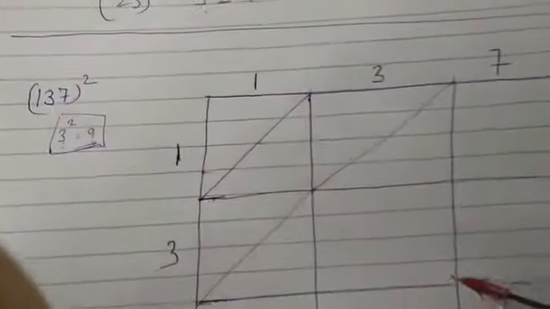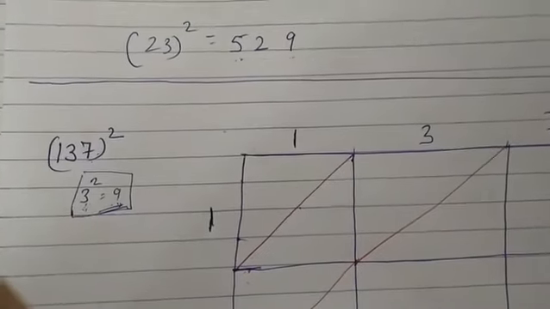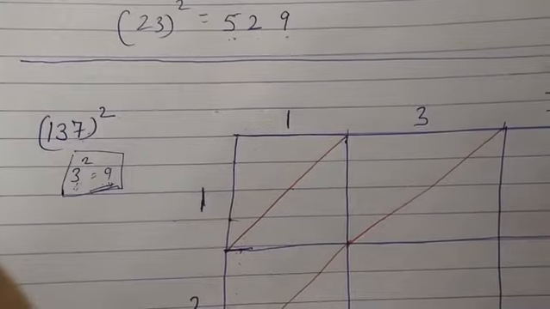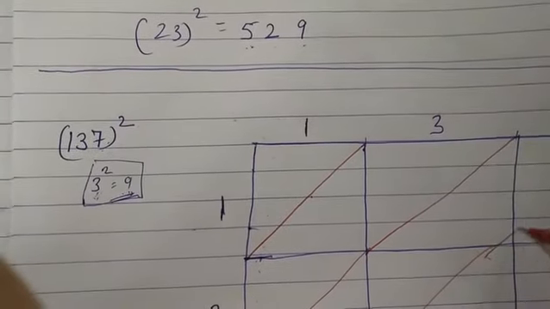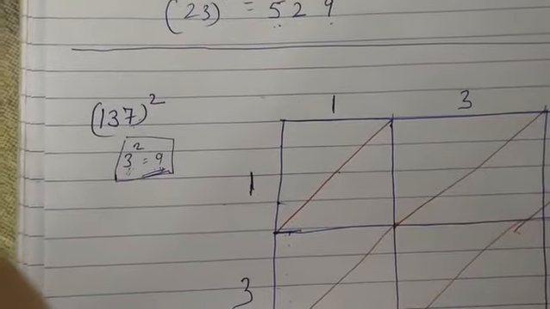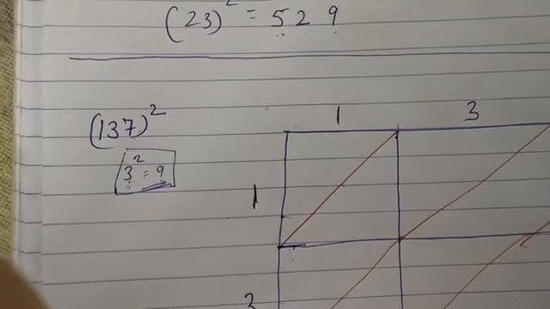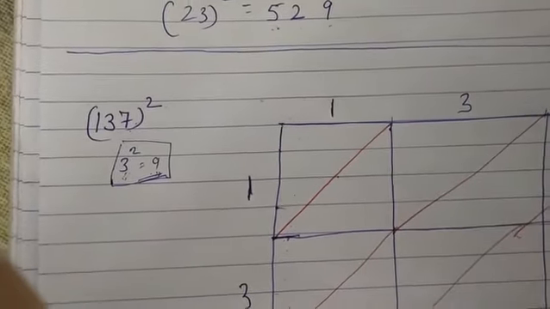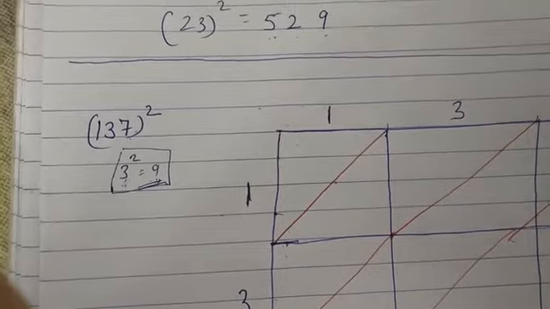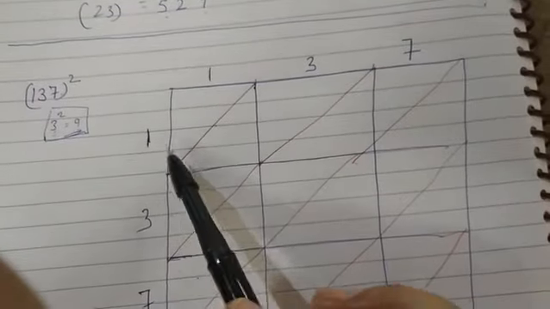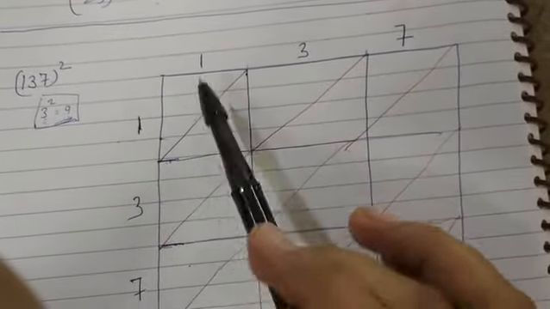With the help of a scale you do it. Now here we have to multiply the horizontal and vertical numbers.